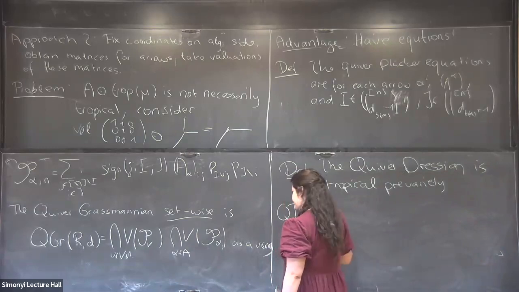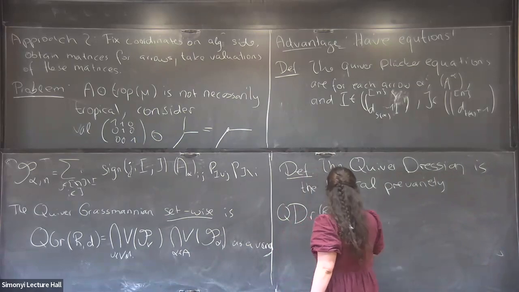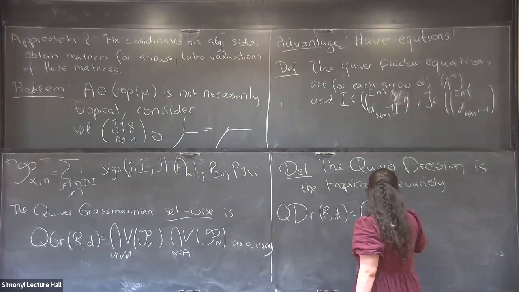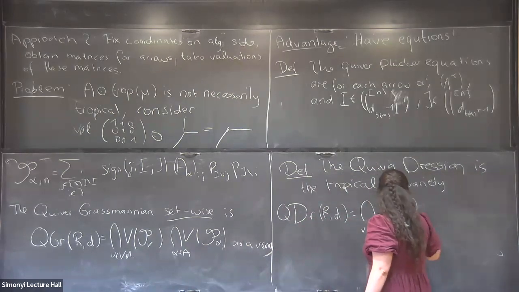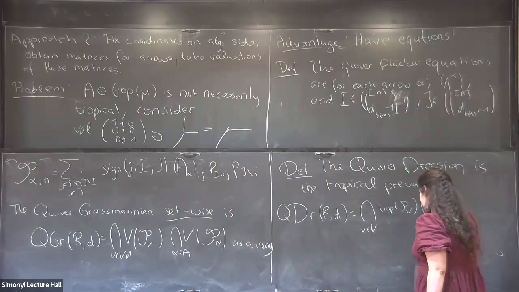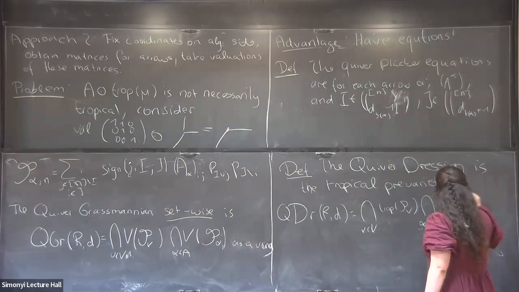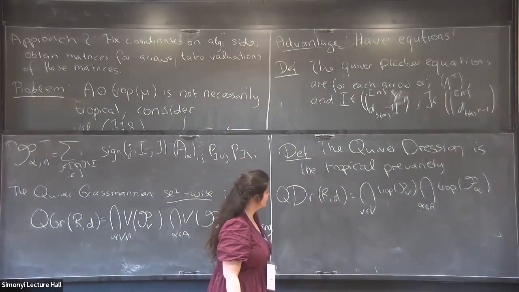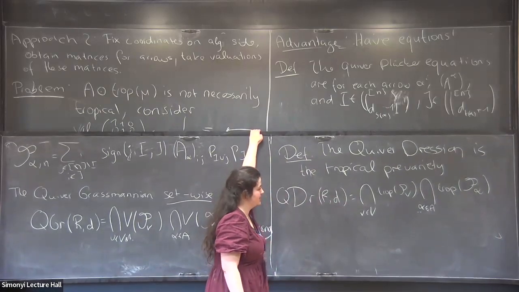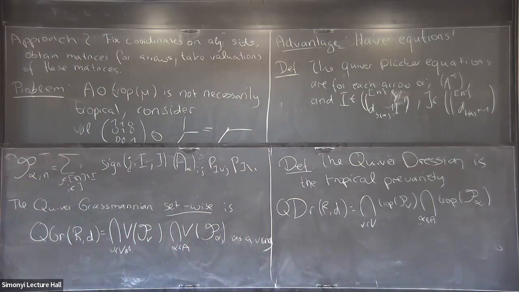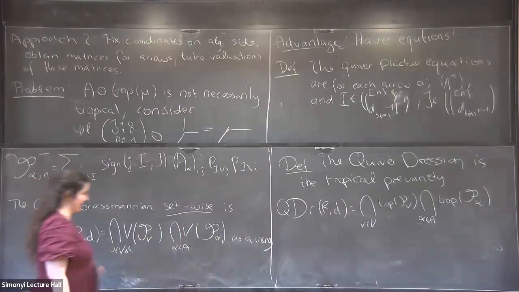So the tropical Quiver Grassmannian is the intersection over P in my vertices of trop of P V, and now we intersect this with the alpha in my arrows. It turns out that this space actually parametrizes what we wanted: tropical linear spaces contained inside of each other under matrix multiplication.